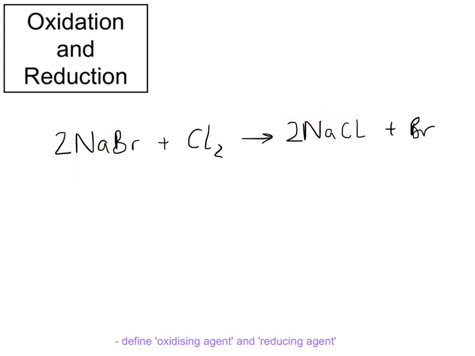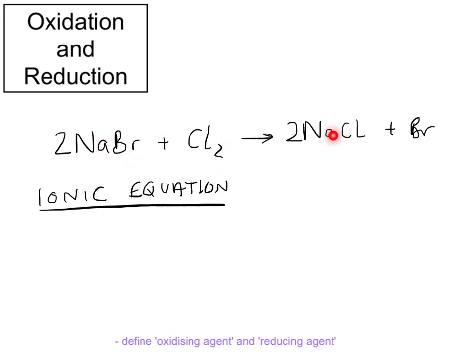So to discuss what happens to the electrons during this reaction, I'm going to write this as an ionic equation instead. And an ionic equation just gives you the reacting ions, or the reacting elements. So it's going to include the Br- ions from the sodium bromide, the chlorine, the Cl- ions from sodium chloride, and the bromine.